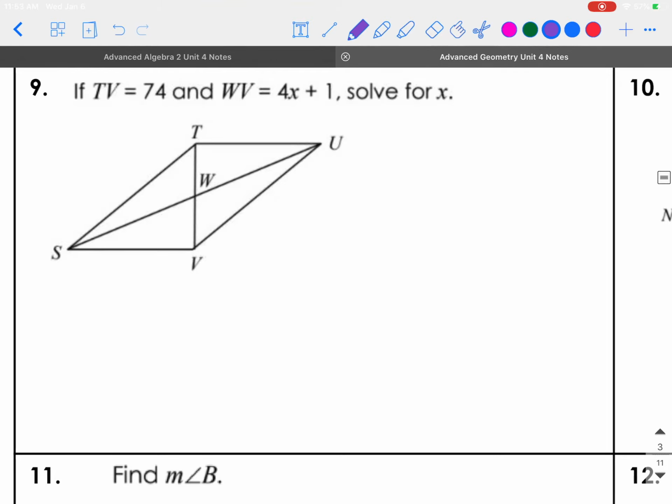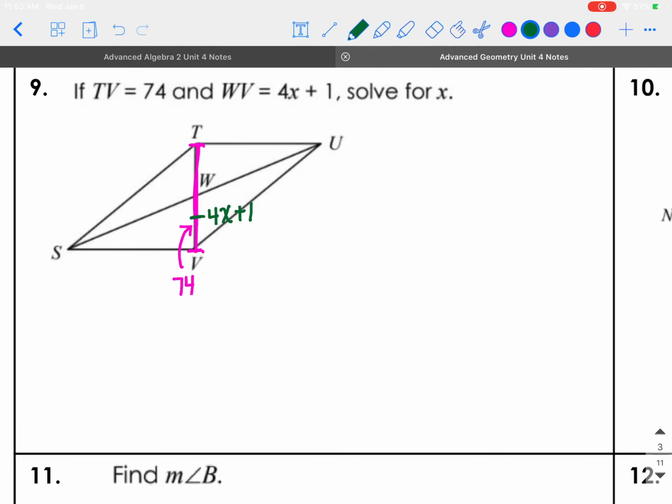All right, this one tells me that TV, the entire TV, is 74. And it tells me that WV is 4x plus 1.